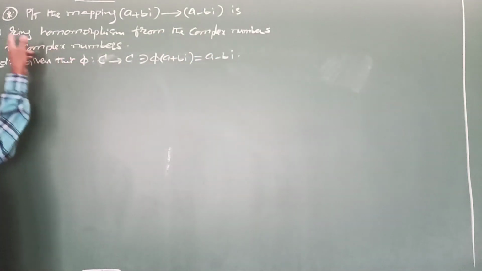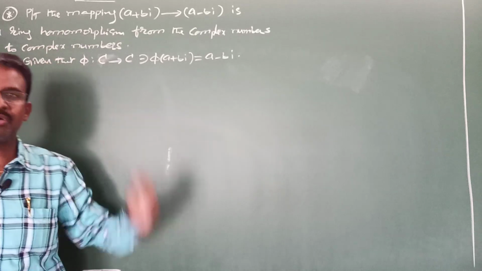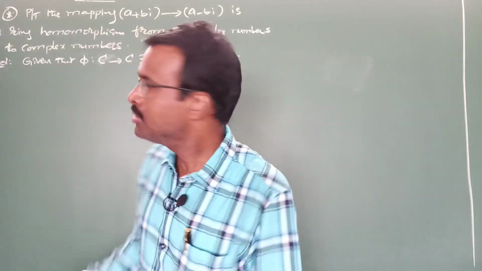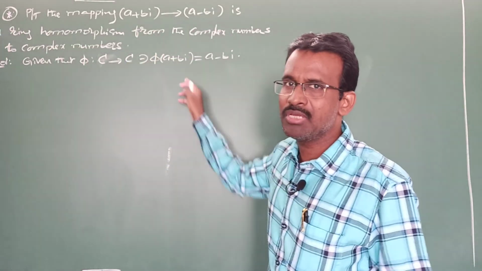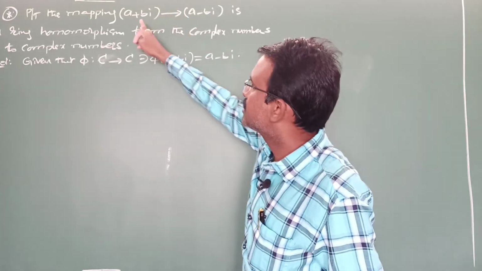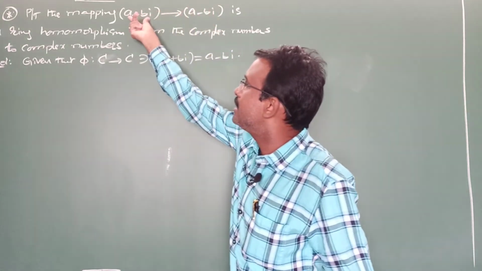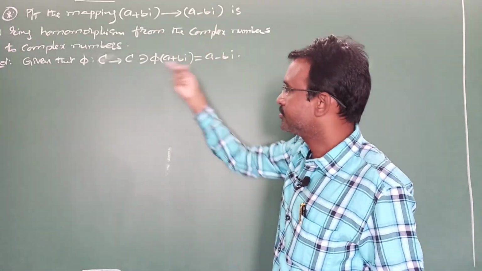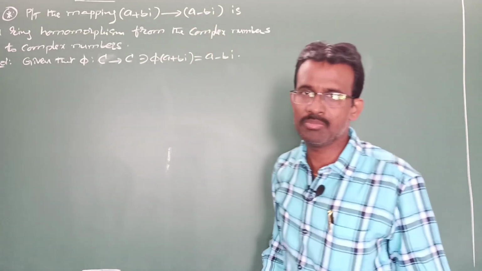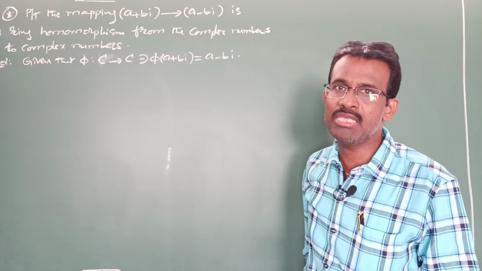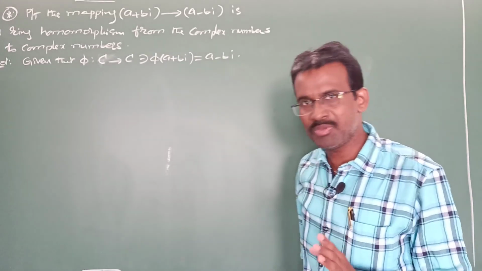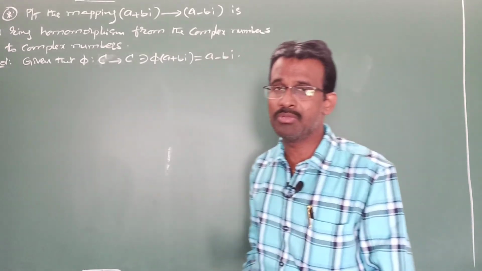Now we have to show this phi is what? A ring homomorphism, right? We have to show this phi is a ring homomorphism. Especially in this problem, try to understand: a plus bi tends to a minus bi means this element in C is mapping to this element. That is what we are denoting with phi, right?